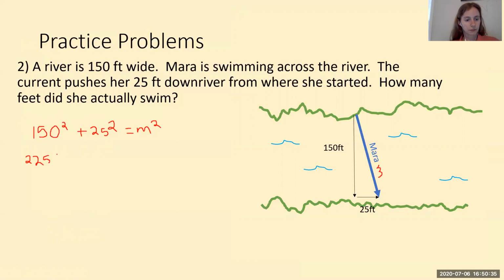22,500. We have 25 squared, I think is 625. Yep. So 25 squared is 625.